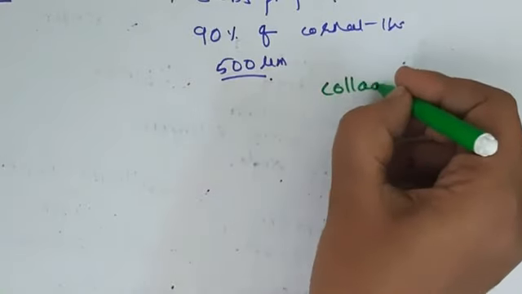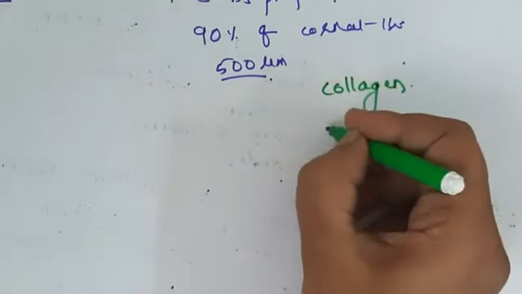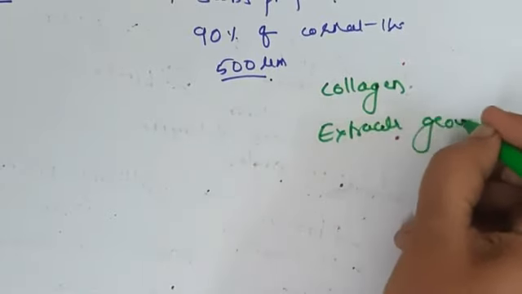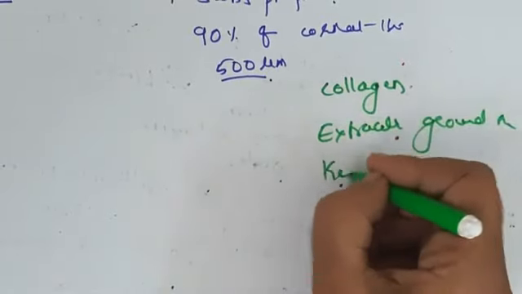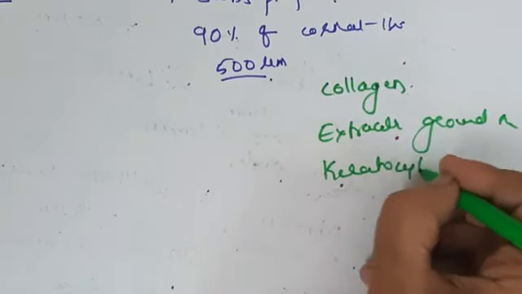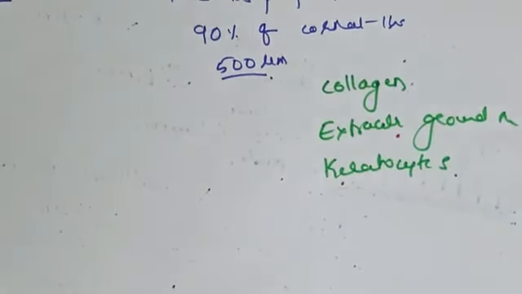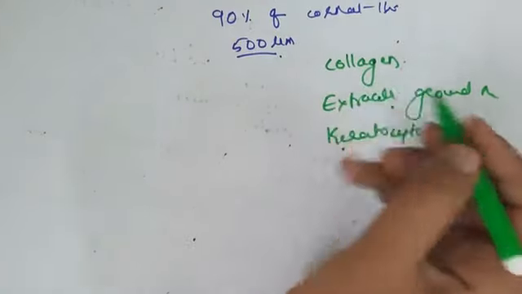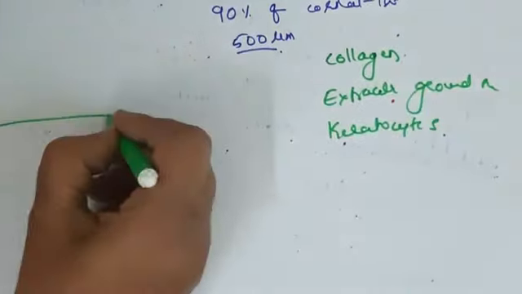So it has 3 important components, that is the collagen, next is extracellular ground substance, and the third is keratocytes, that is cells. So coming to each part of this stroma now. So this is the stroma.